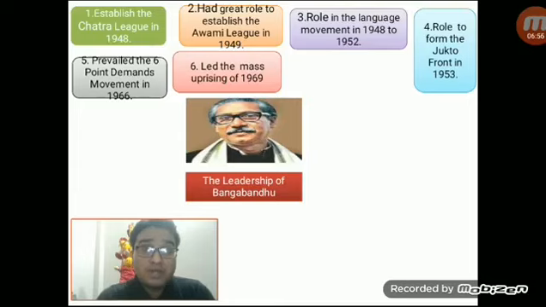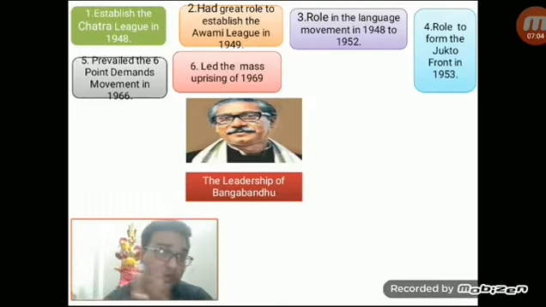Next, he led the mass uprising of 1969. We know mass upsurge means an all-out movement against the ruling government, to make the government quit.